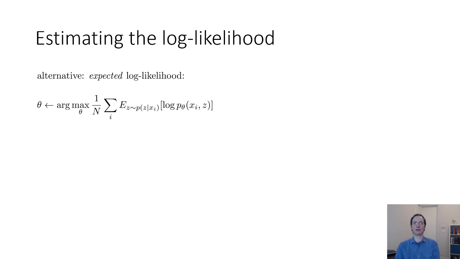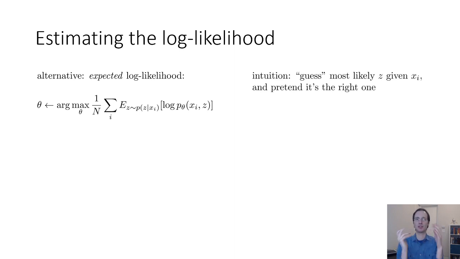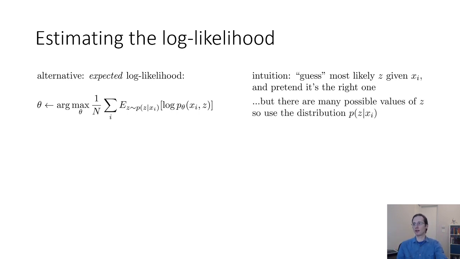So the objective we're going to use is the sum over all of our data points of the expectation over z given xi of the log p theta of xi comma z. So the intuition is that you guess the most likely z given xi and pretend it's the right one. Although, of course, in reality, you don't actually guess just one z, you sum over all the z's weighted by their probability of being the right one. There are many possible values of z, so you use the distribution p of z given xi.